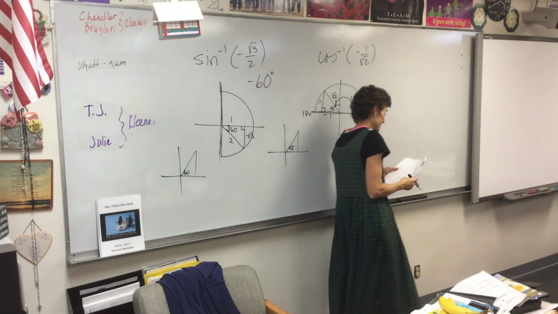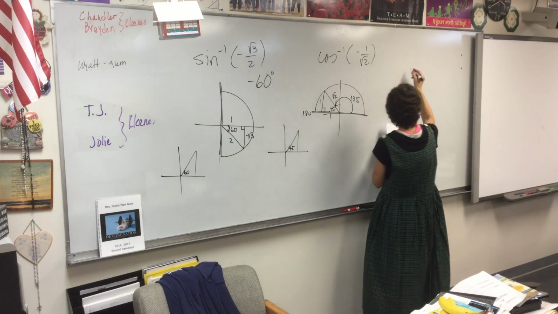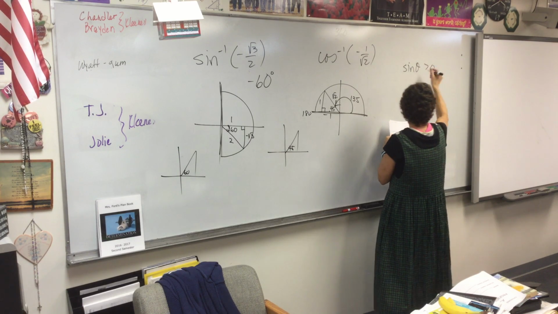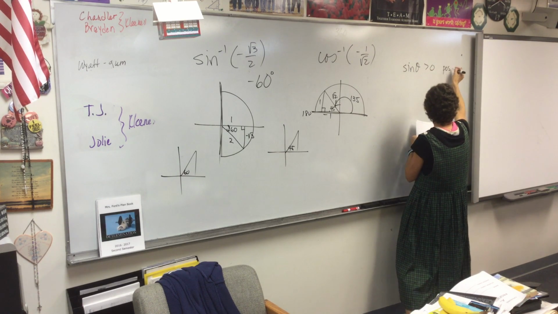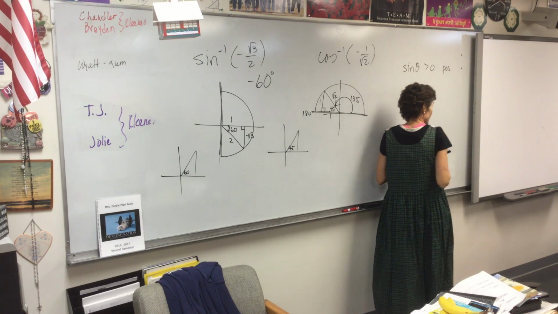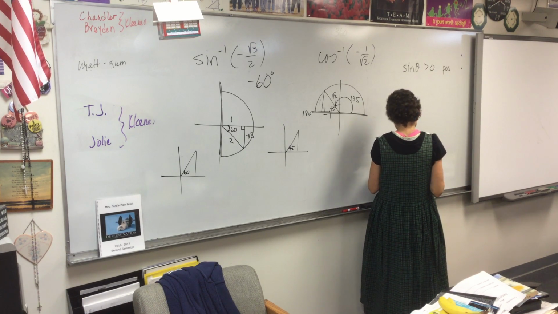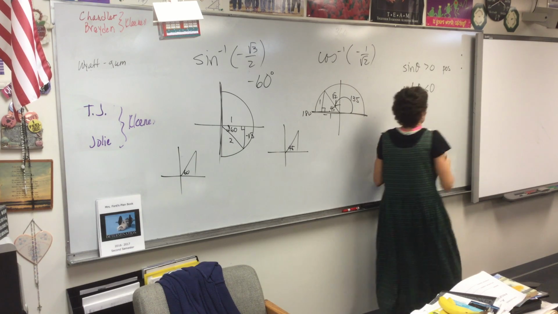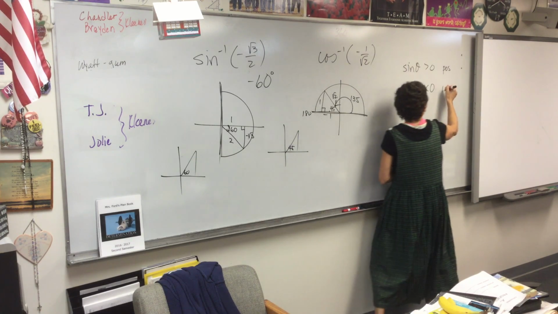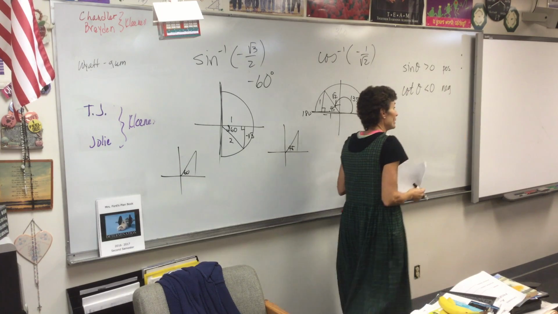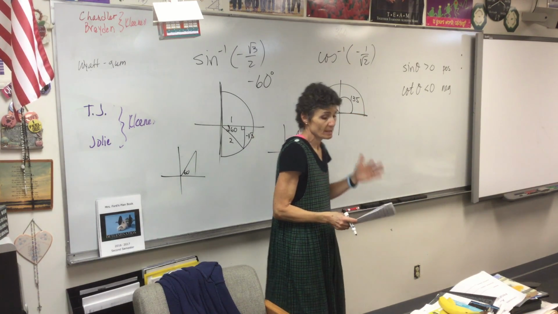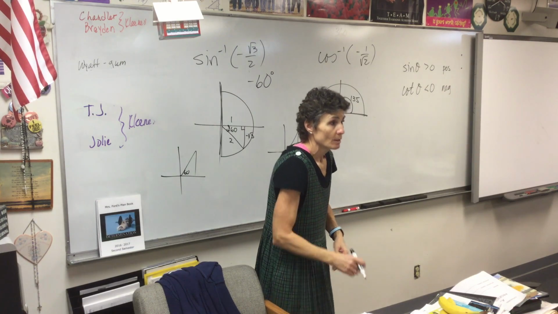All right, number 6. In which quadrant is the sine positive? Okay, so this means the sine is positive, greater than 0. And the cotangent is negative. All right, in which quadrant would it be that the sine was positive and the cotangent was negative?